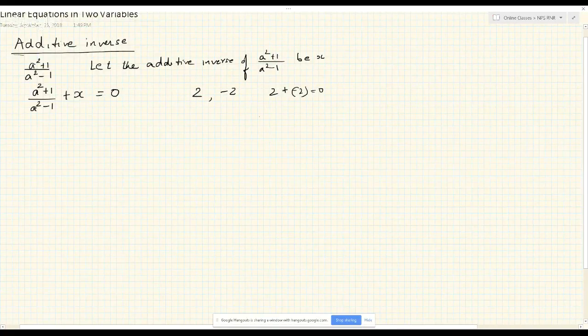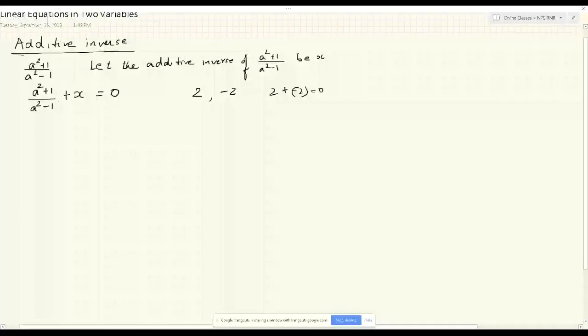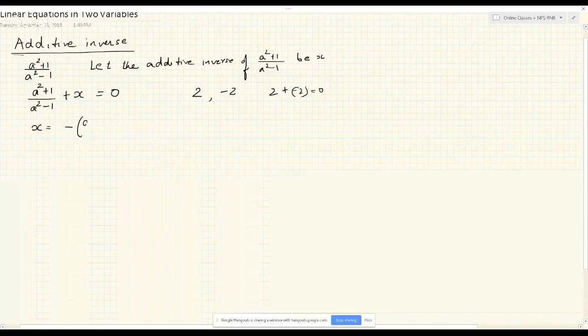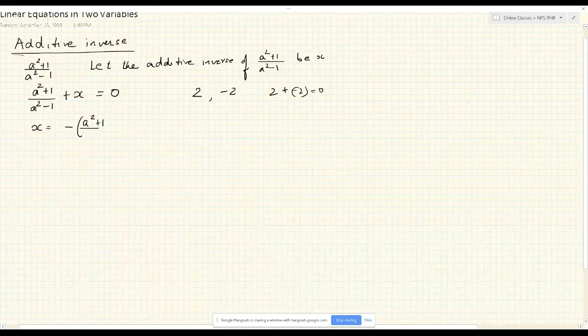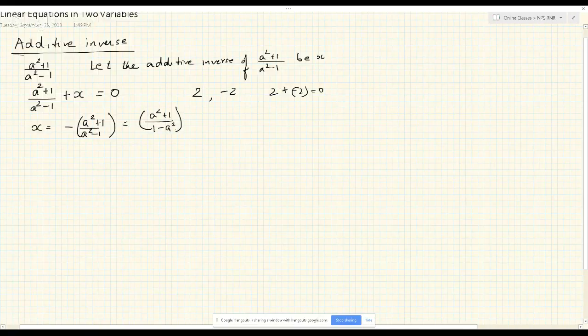Hence you can find out what is x. So x will be nothing but negative of a square plus 1 by a square minus 1, which is simply a square plus 1 by 1 minus a square. That's it.